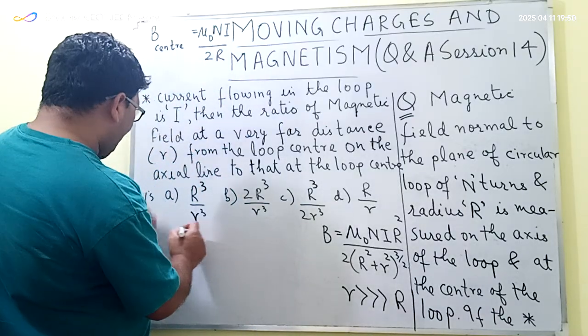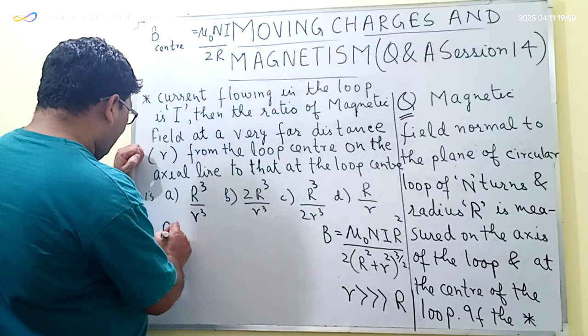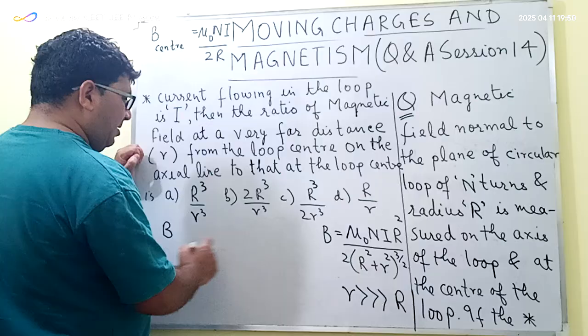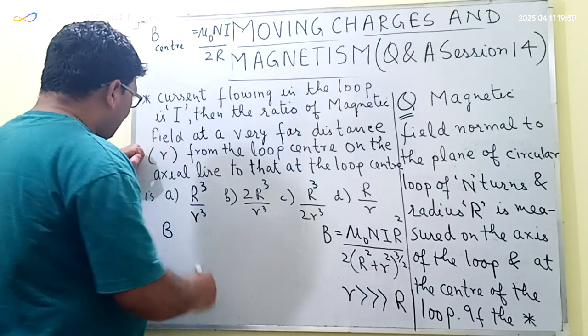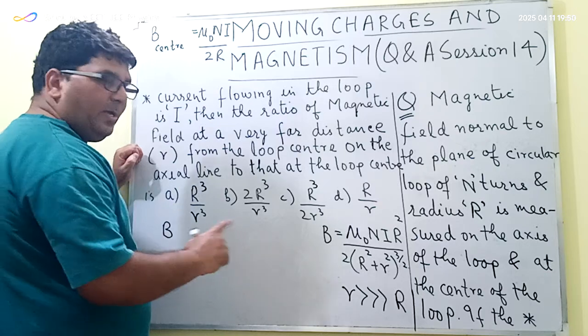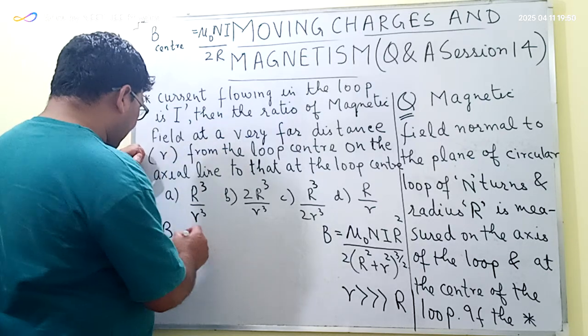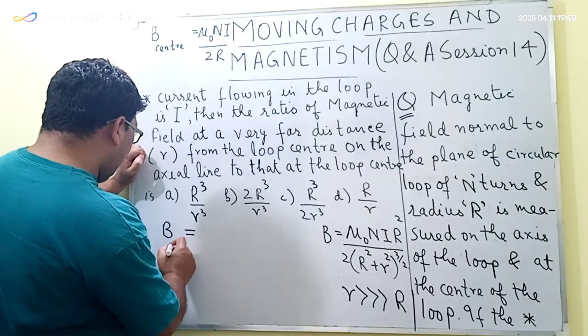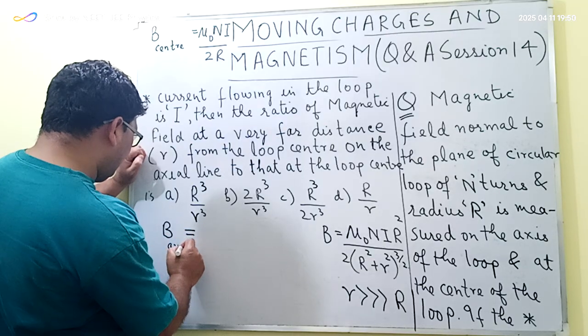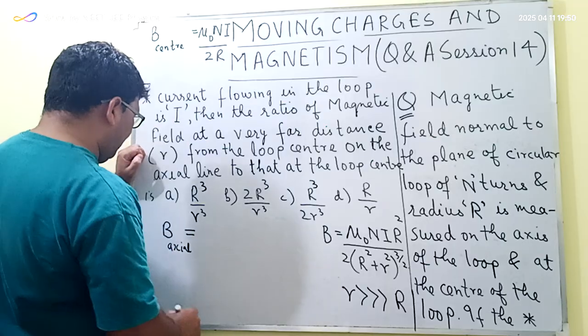So we can find the magnetic field at the point which is located at a distance r from the center of the loop and on the axial line. I am just denoting it here as B axial.